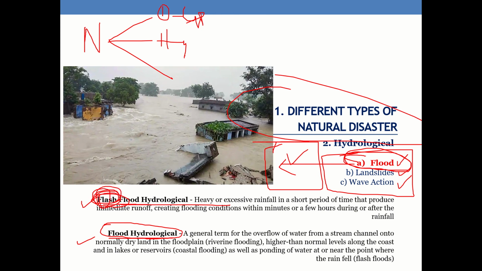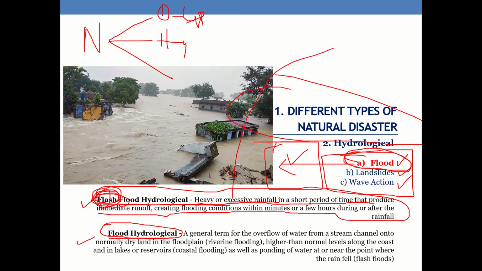You can remember by the name itself. It's a sudden or heavy excess rainfall. It's only because of excess and sudden rainfall in a short period of time that produces a lot of runoff, creating flood-like conditions within minutes or within hours. This is very, very common in most of the cities in India.